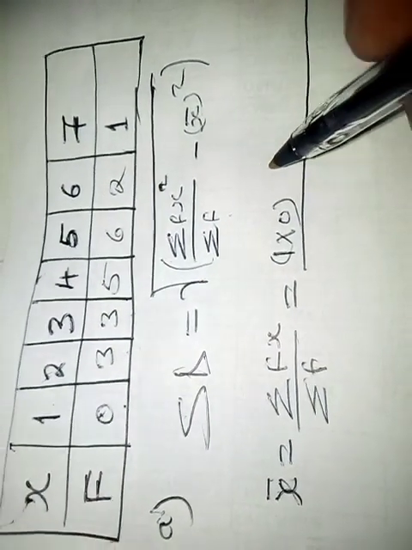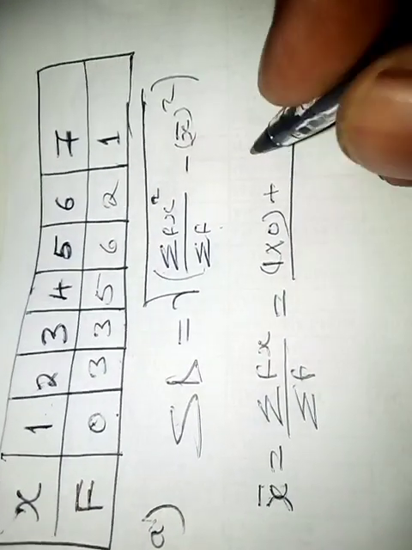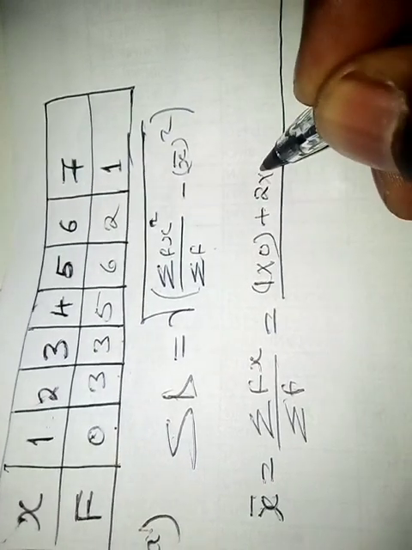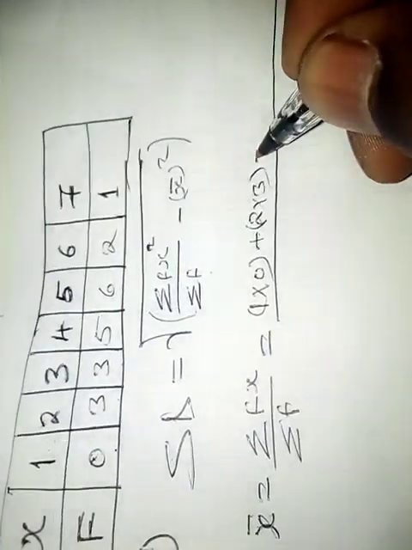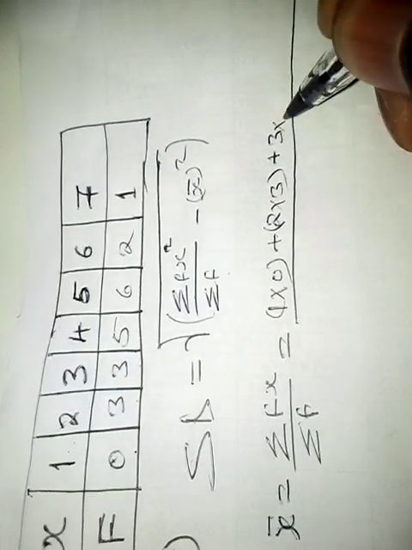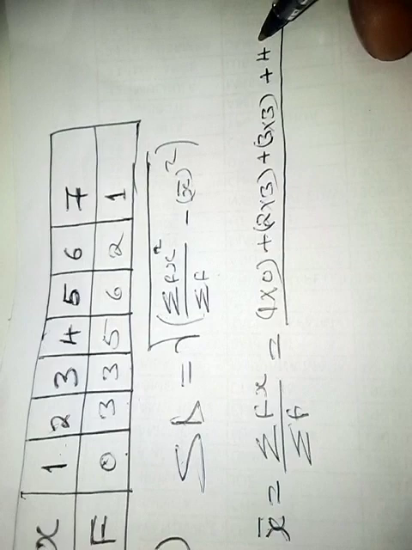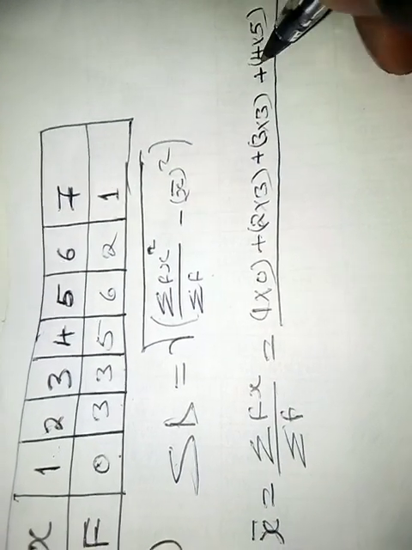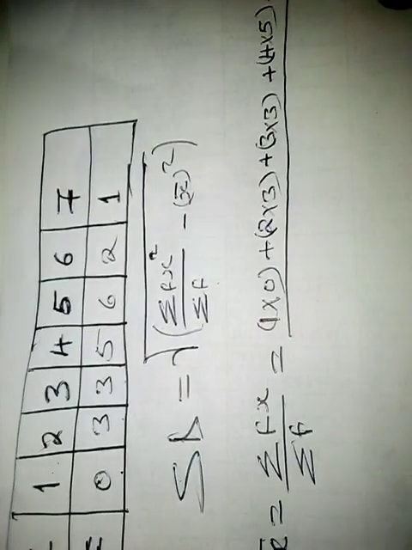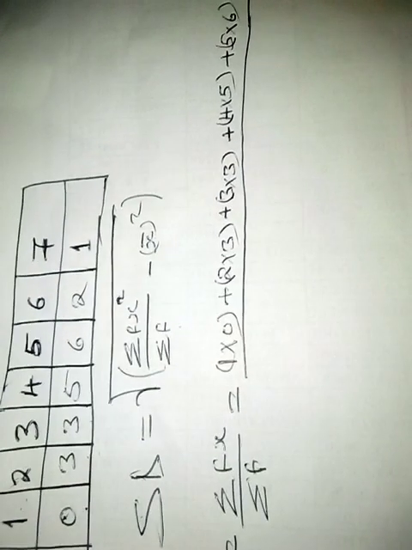So 1 times 0 plus 2 times 3 plus 3 times 3 plus 4 times 5 plus 5 times 6 plus 6 times 2 plus 7 times 1.